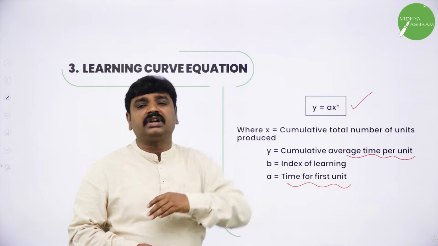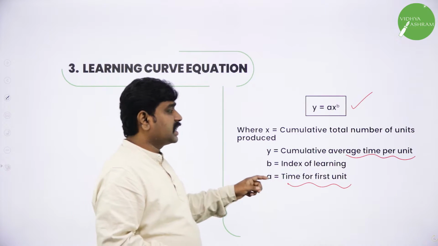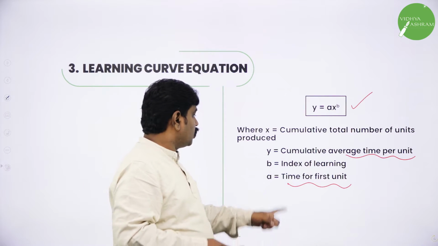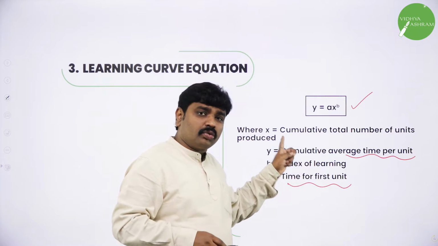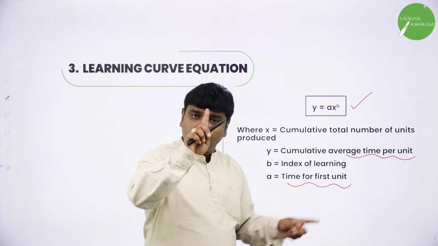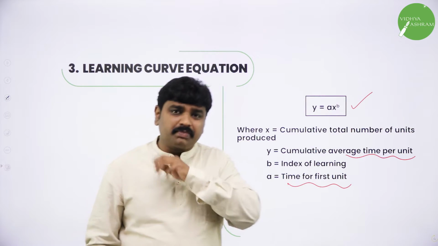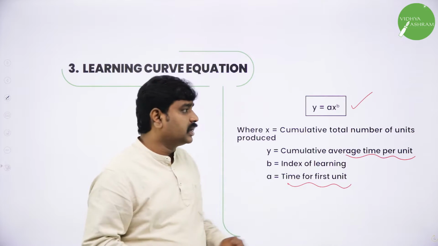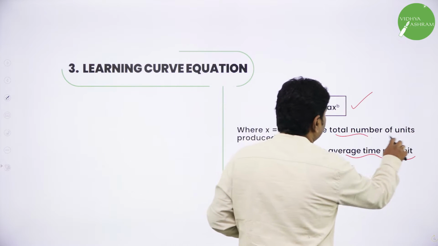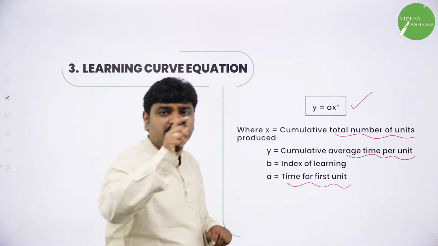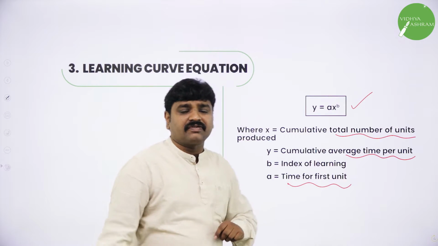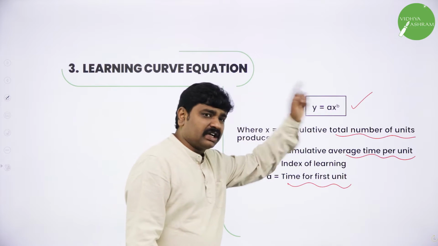The time taken per unit decreases. Y is cumulative average time per unit, a is time for first unit, and x is the total number of units produced. What is x? Total number of units produced, and b is the index of learning.